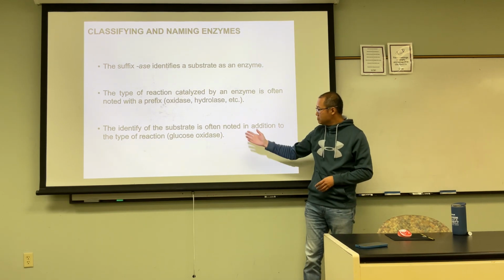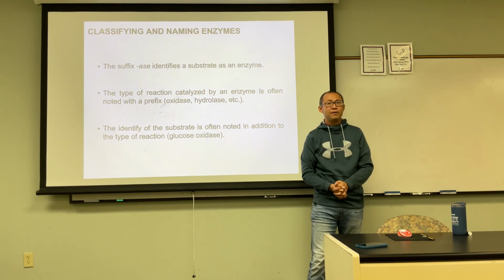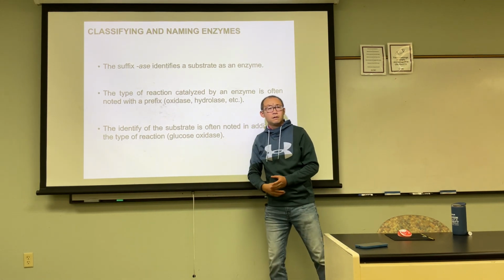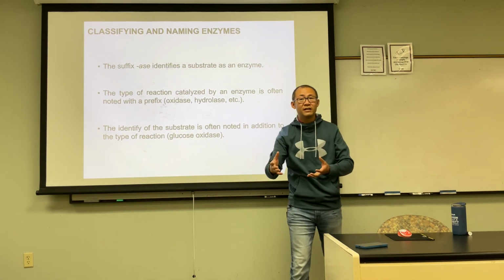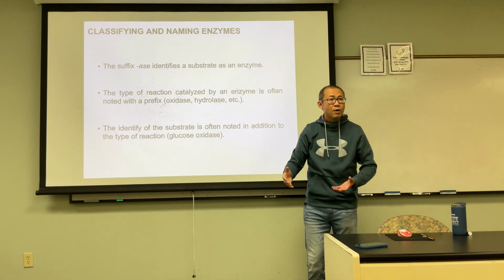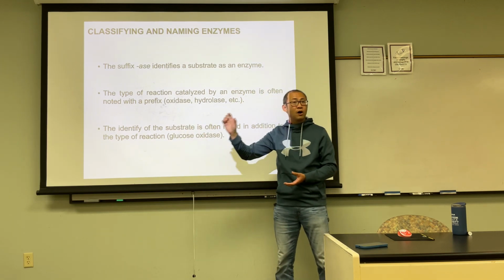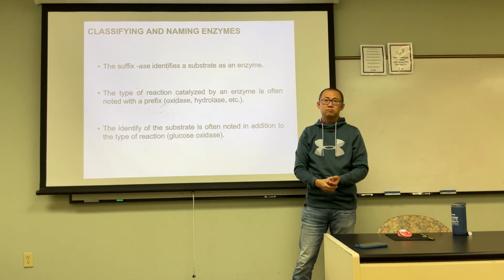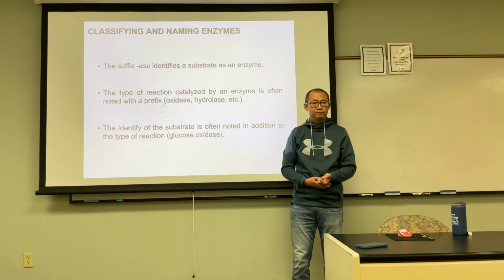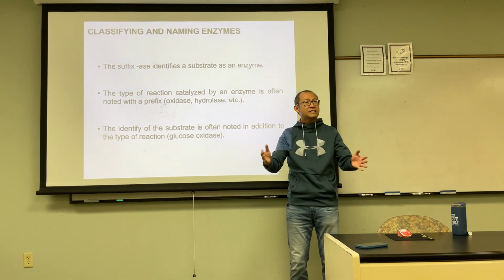Sometimes, though in this class we don't talk about that in detail, we also add the substrate. That means if they catalyze oxidation, oxidation of what? We put the name of the substrate, the reactant the enzyme is acting on, in front of the enzyme name to give you the complete name of the enzyme.